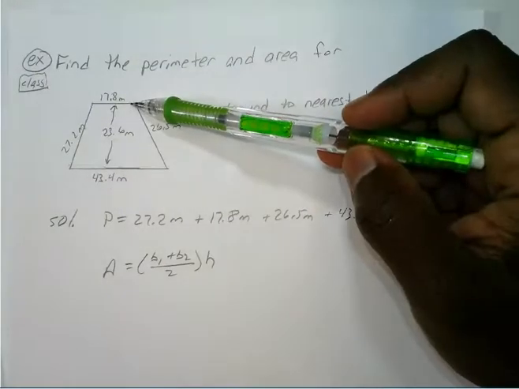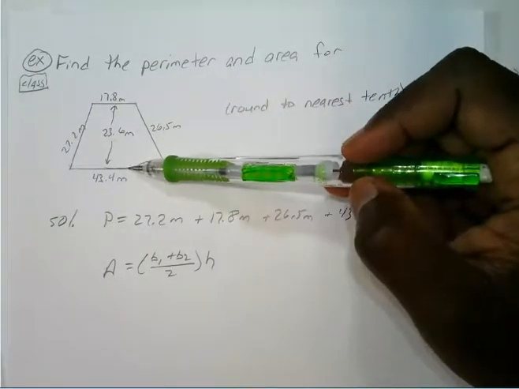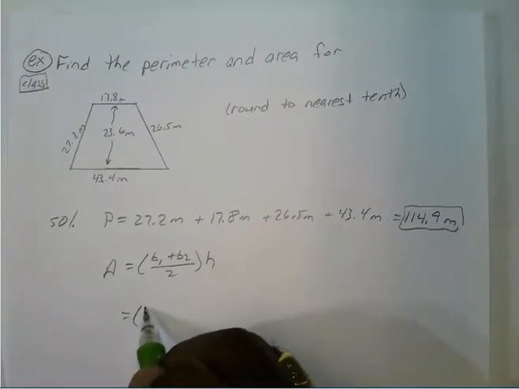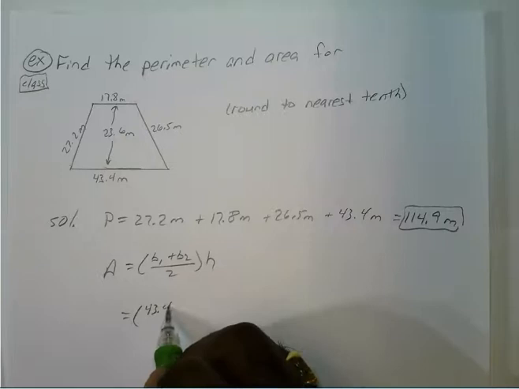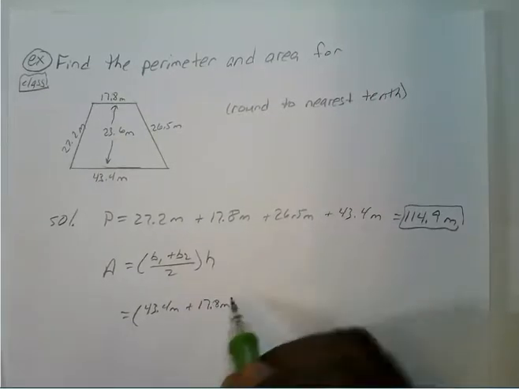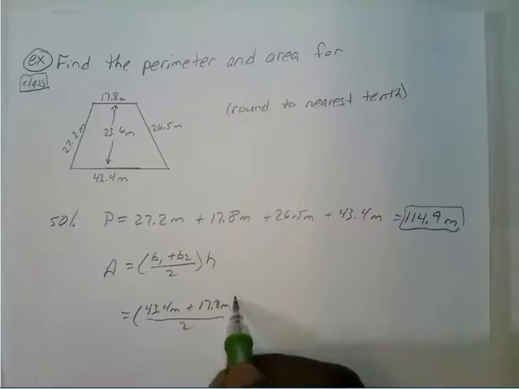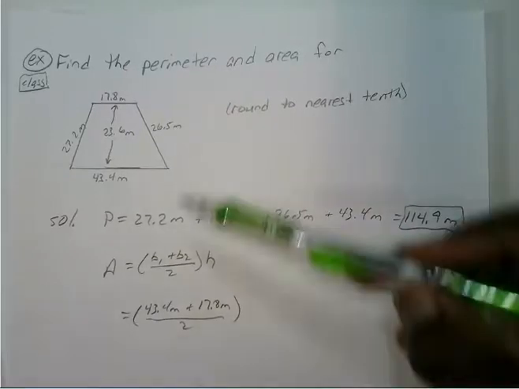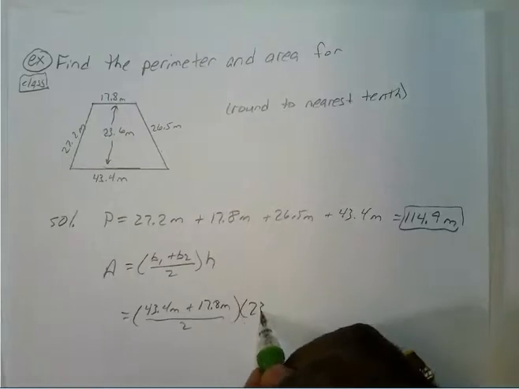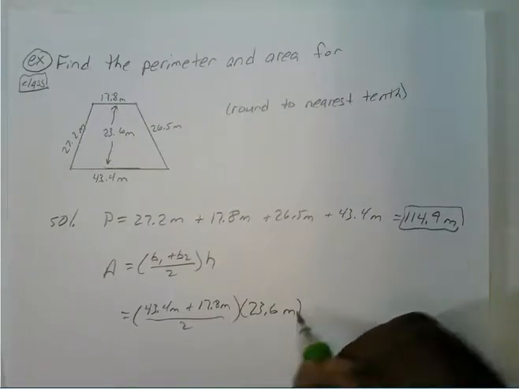We can see here you have base number 1 and base number 2. So that's going to equal 43.4 meters plus 17.8 meters divided by 2. The height is 23.6 meters.